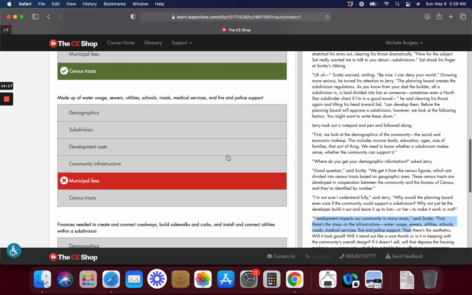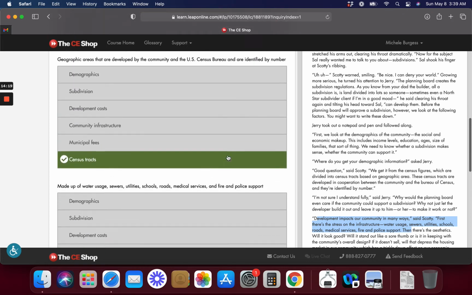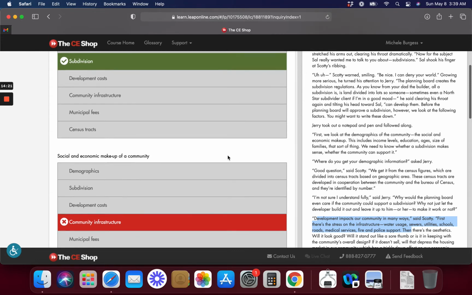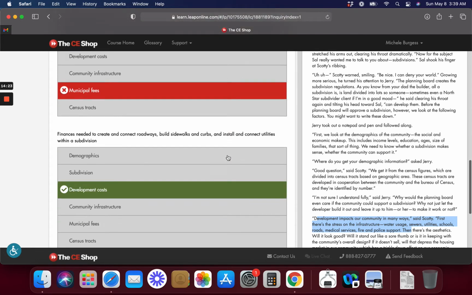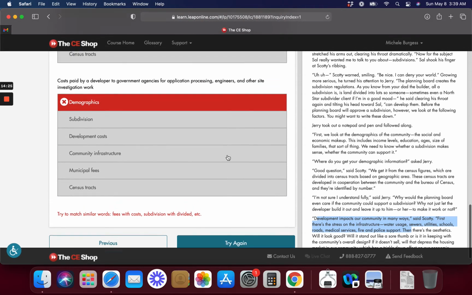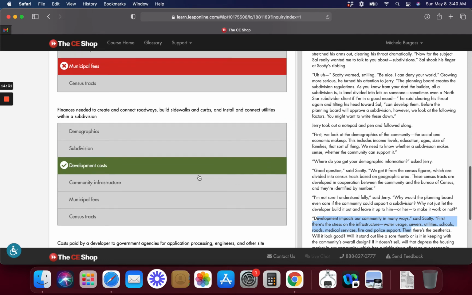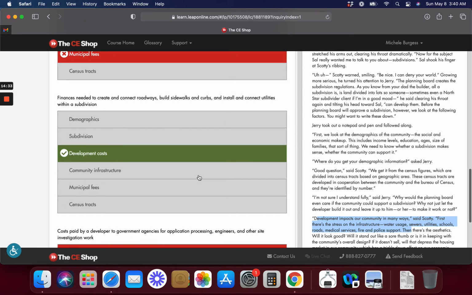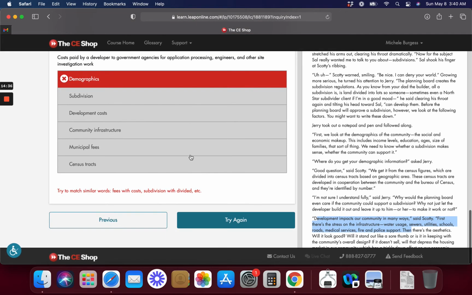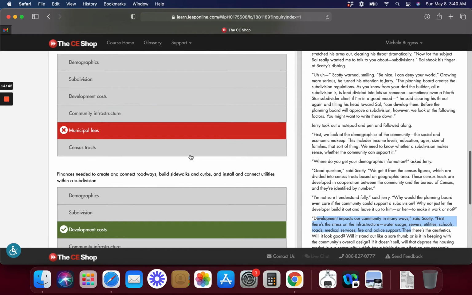Okay, and then this one is infrastructure. Okay. So we got those two mixed up. All right, cash paid by a developer. It's probably development costs. Oh, that can't be right. That's right here. Municipal fees, maybe? Yeah, maybe that's municipal.